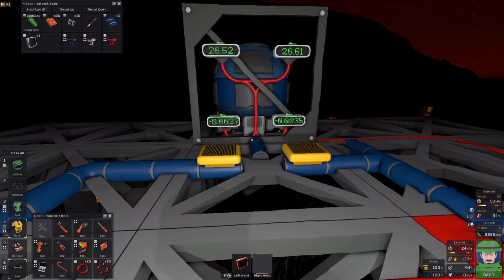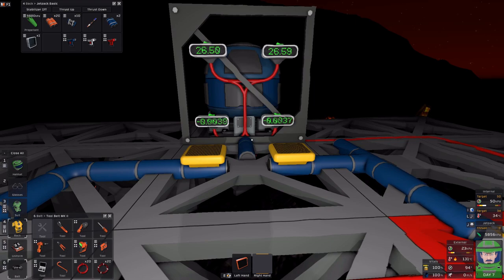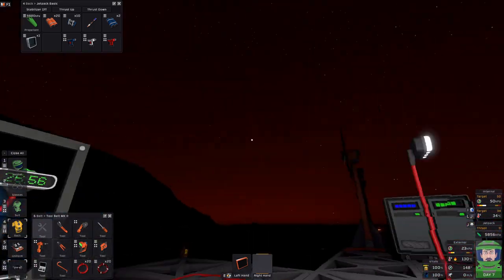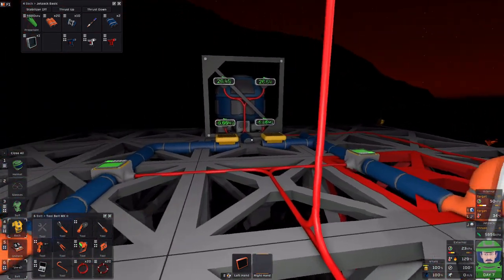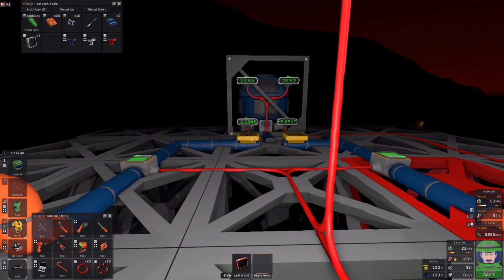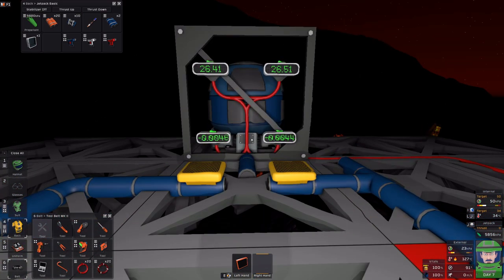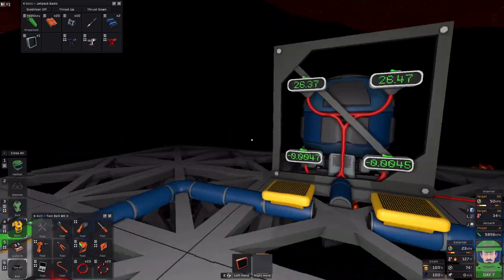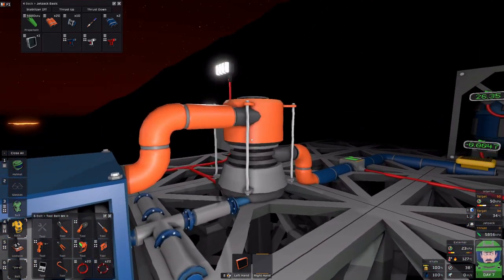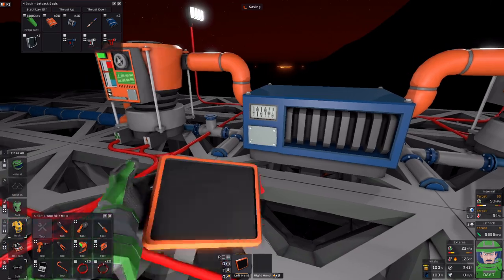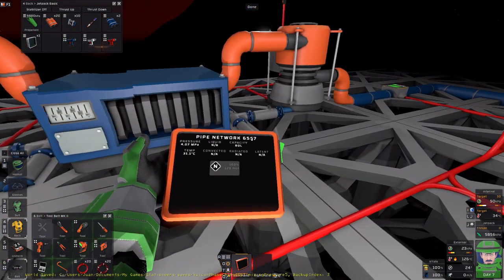And it still goes back to the fact that they still perform about the same when their fill is about the same. But one thing that I have noticed that's a big difference is now that they're closer together, this heat pump is performing better with the pressurized liquids.